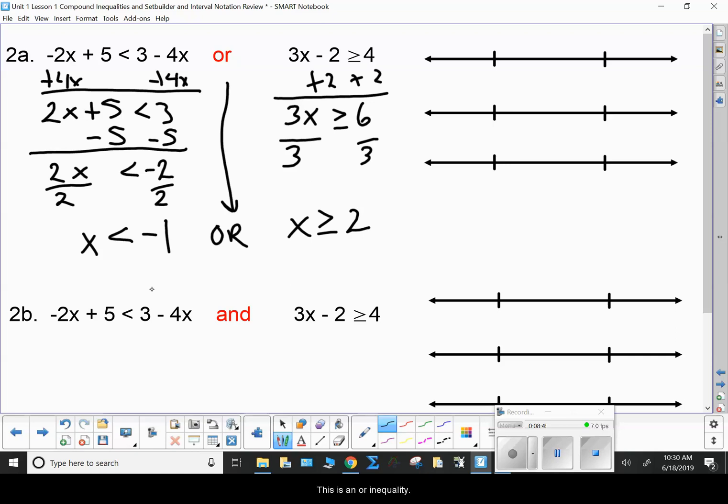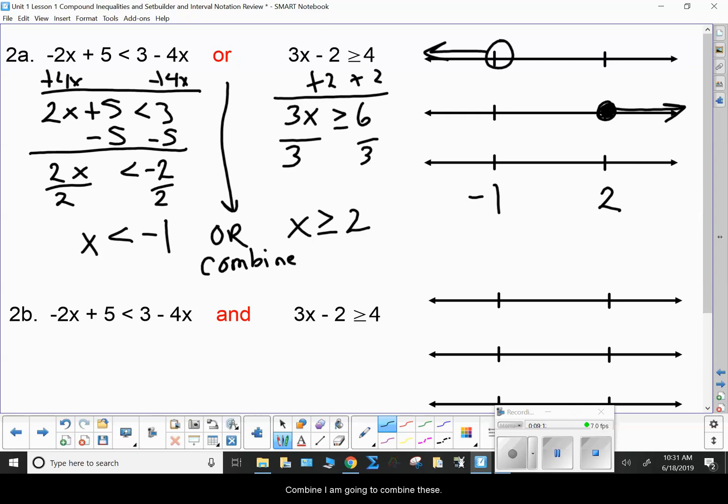This is an or inequality. I now know that I have negative 1 here, 2 here. X is less than negative 1, open to the left. Greater than or equal to 2, closed to the right. An or means to combine.